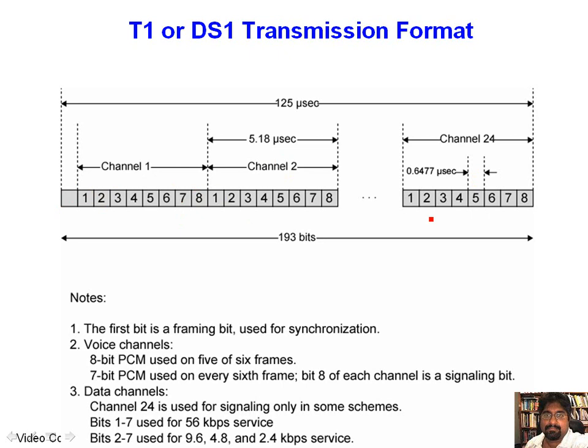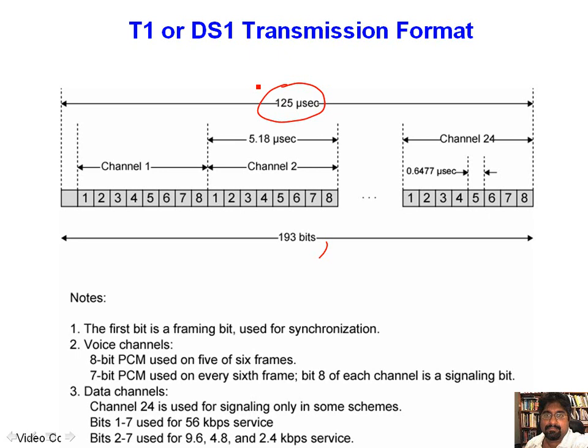So here you've got 24 voice channels being time division multiplexed and transmitted. Every 125 microseconds we have 193 bits being transmitted. I'll let you figure out where 125 microseconds comes from.